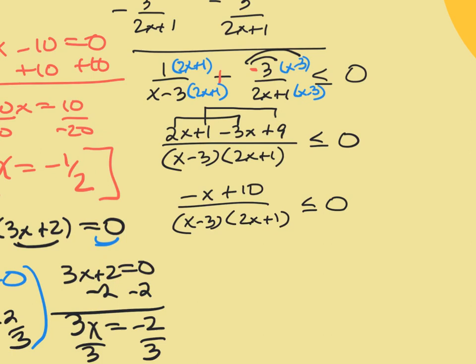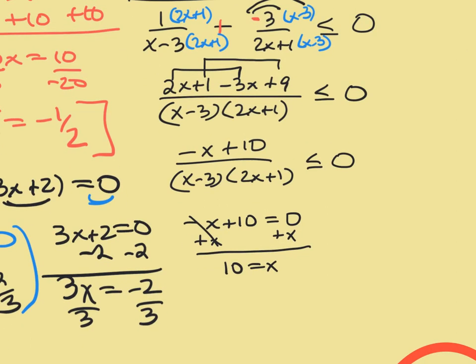So for my numerator, negative x plus 10 equals 0. Add the x. You could subtract the 10, but then you have to divide. So it's a lot easier just to move the x. So x equals 10. Remember the numerator, because the original symbol was a less than or equal to, this is the only thing that'll have a bracket around it once we're done.